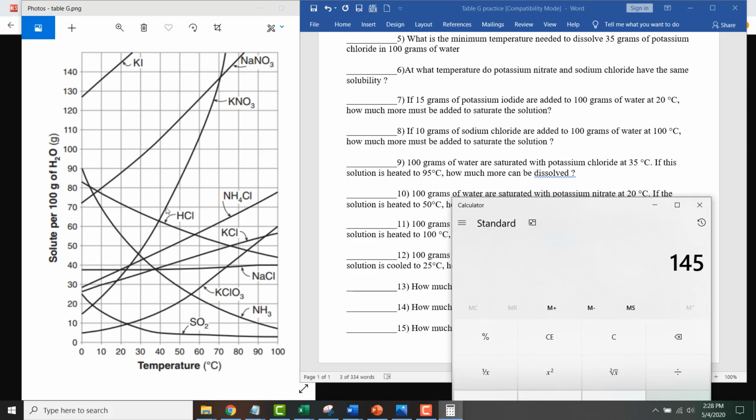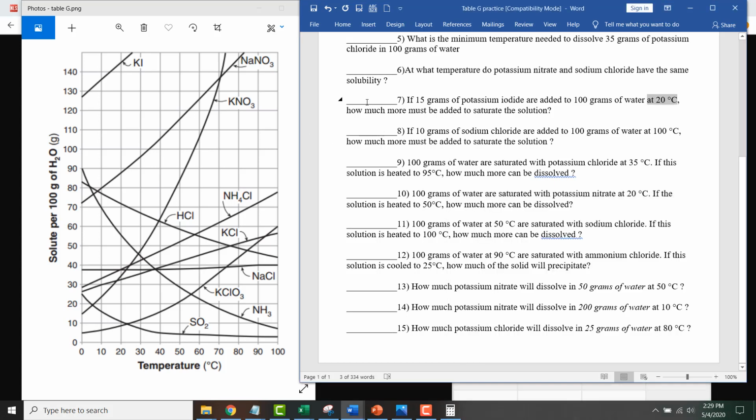Okay, so if I've already put 15 in, and I can add a maximum of 145, all we have to do is subtract the 15. I can add in an additional 130 grams. Okay, if I'm already at 15 and I'm going to make it all the way to 145, that means I'm going to add in an additional 130 grams of substance.